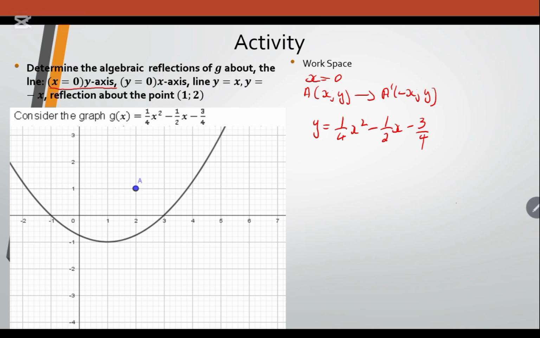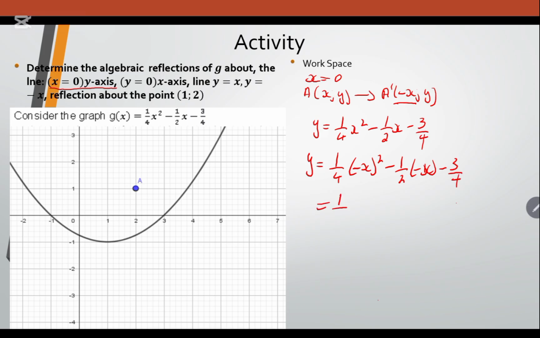We are reflecting this graph about the line x is equal to 0, so we simply say x changes the sign. So this is going to be y is equal to 1 over 4 times (x multiplied by -1) squared, minus 1 over 2 times (x multiplied by -1), and minus 3 over 4. And then we simplify the equation.